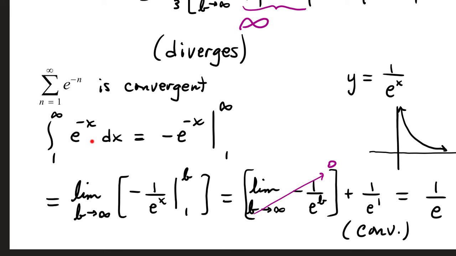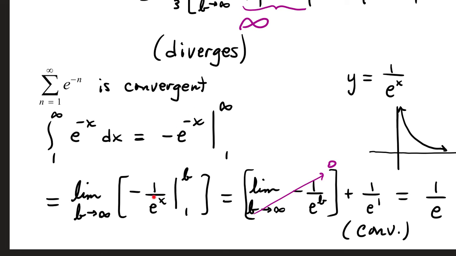Integrating from 1 to infinity, e to the negative x, that's negative e to the negative x. We're going to investigate at infinity and at 1. So we take the limit as b goes to infinity. Notice how I replaced the infinity with b, but I'm putting that limit in there. That's going to tell us we have the limit as b goes to infinity of 1 over e to the b. I transferred that to the denominator.